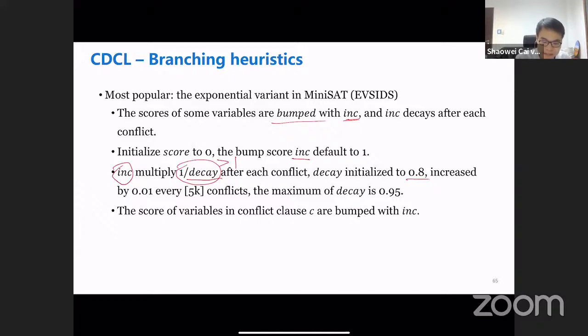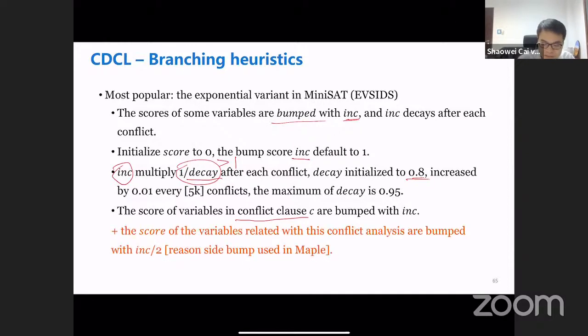By doing this, it emphasizes the recent conflict, so it plays the same effect as the forgetting policy. This increment also has some heuristics to update it to control its limit. Now the score of variables in the conflict clause is bumped with the increment.